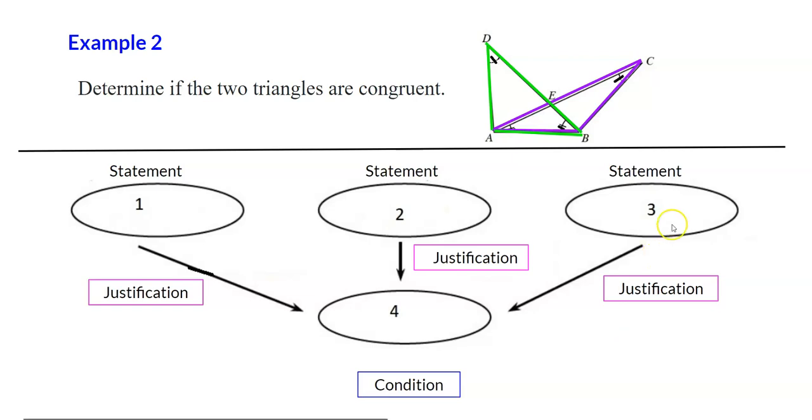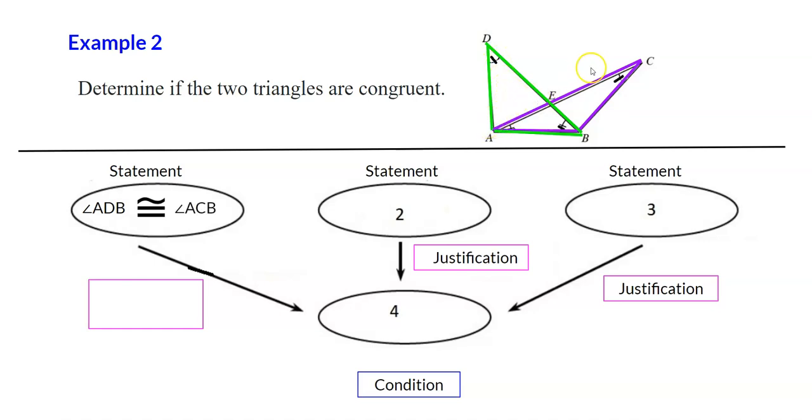Well, I can see that there's a marking of an angle right here, so I'm going to go with my angles first. Angle ADB, which is this angle right here, is congruent to angle ACB in the second triangle, because both of those angles were given to us as congruent.